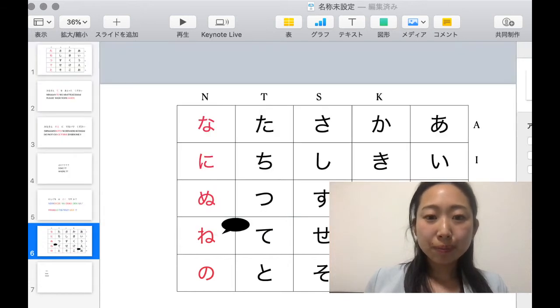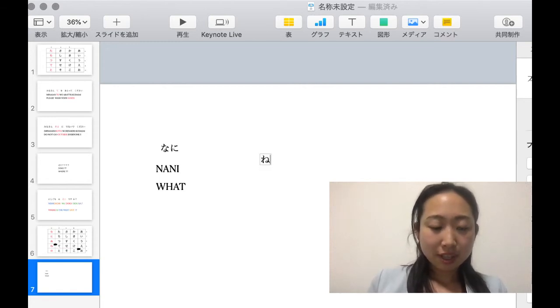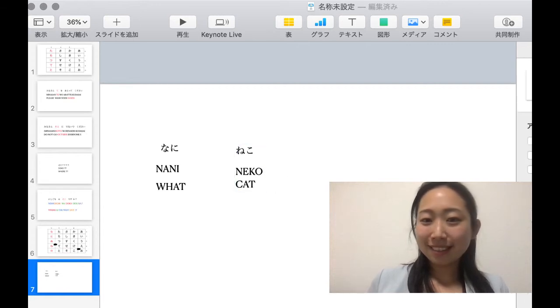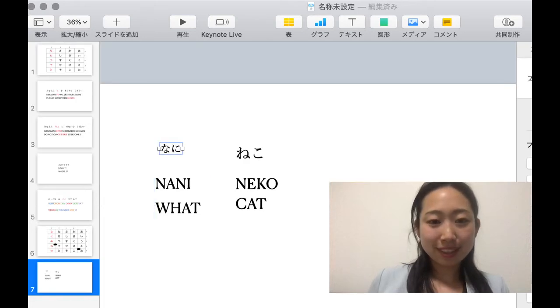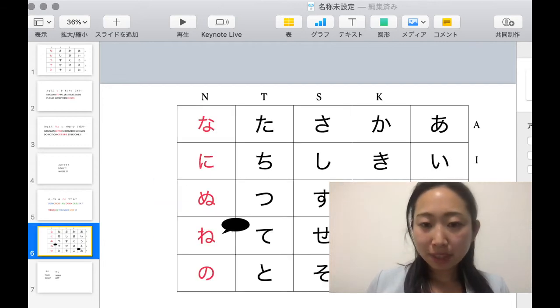Neko. And this means cat. Cat. Neko. Great.